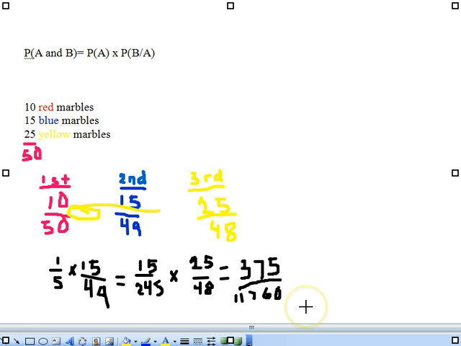And then that reduces, 5 goes into 375 75 times, and it goes into 11,760 2,352 times.